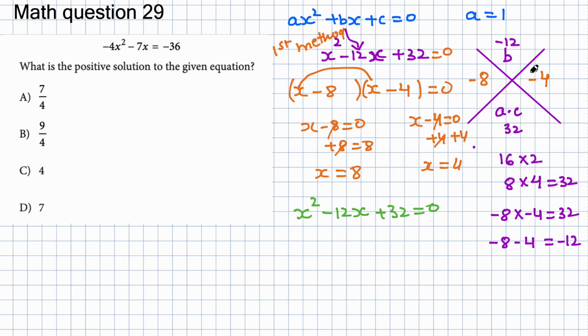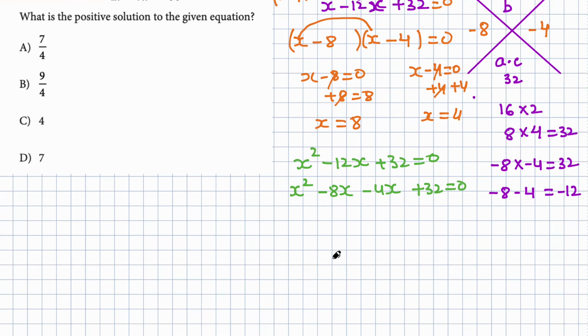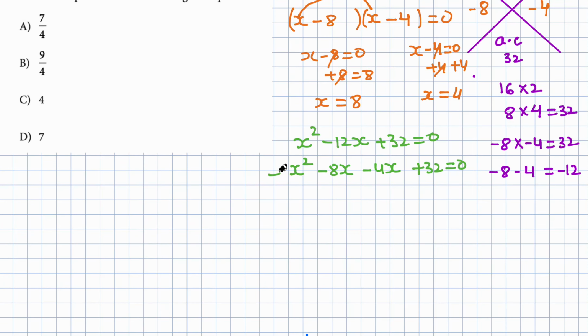So the two numbers are negative 8 and negative 4. Instead of putting the factor form, we just split the middle term. x squared is as it is, plus 32 is as it is, and this negative 12x we split as negative 8x and negative 4x. This is step number 1.